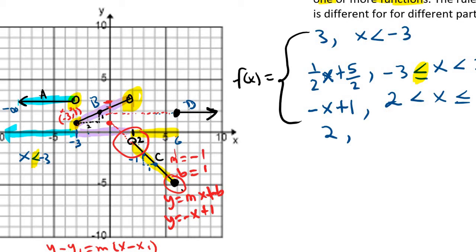Now the domain is going to start from 6. So let me highlight it in blue, okay? From here all the way to positive infinity, because it has this arrow on it, so we need to consider the arrow.